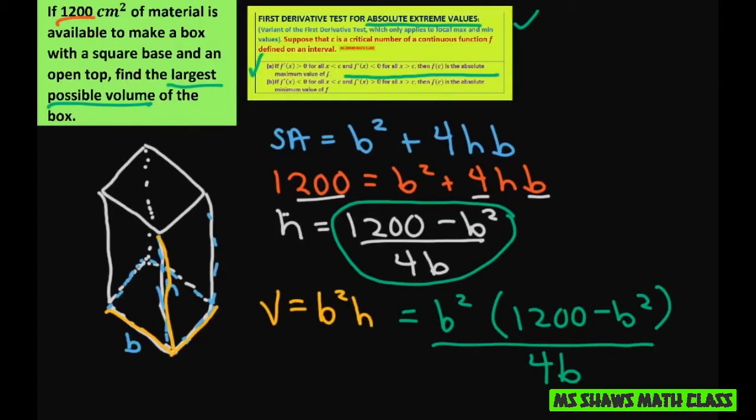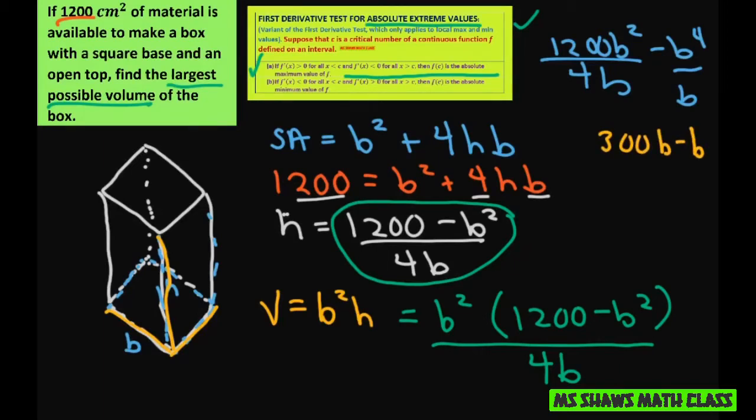So this is going to be 1200 B squared minus B to the 4th, and divide each of these pieces by 4B, and that's going to give us 300B minus B cubed divided by 4. So that's going to be your volume now, just simplified. All right, let's write that over here.